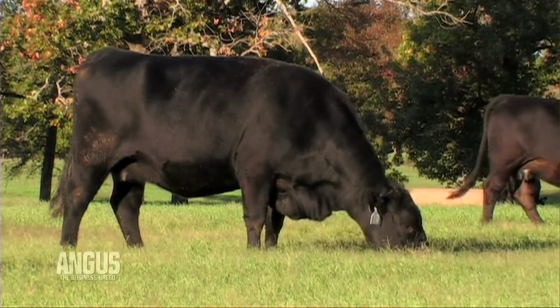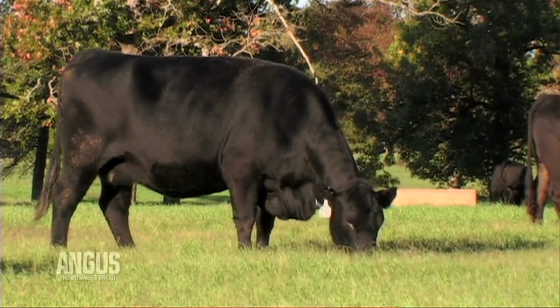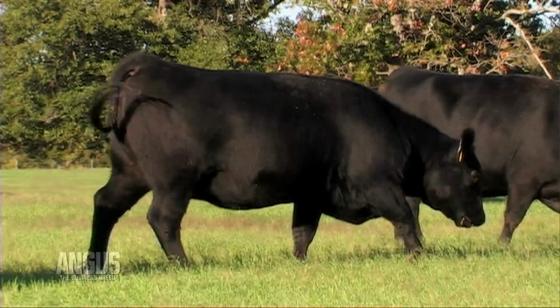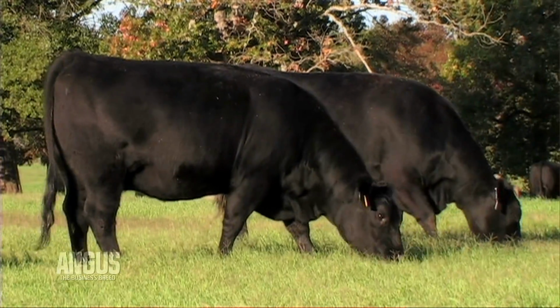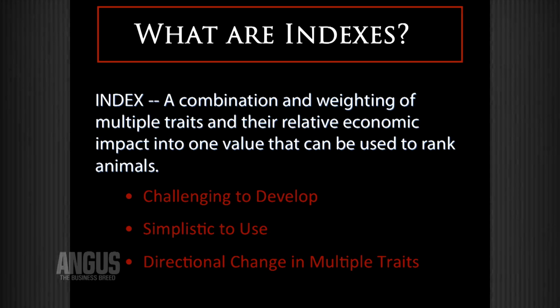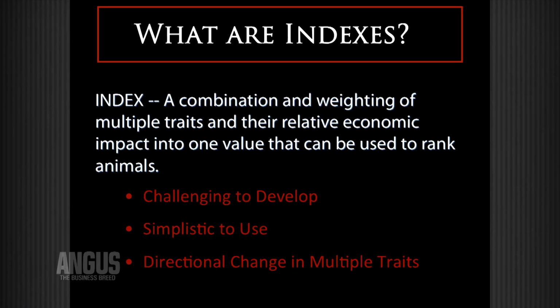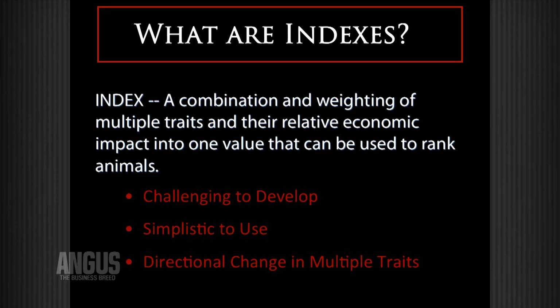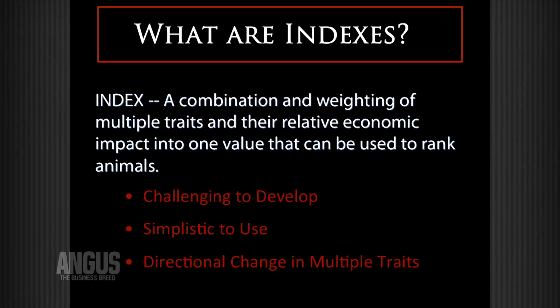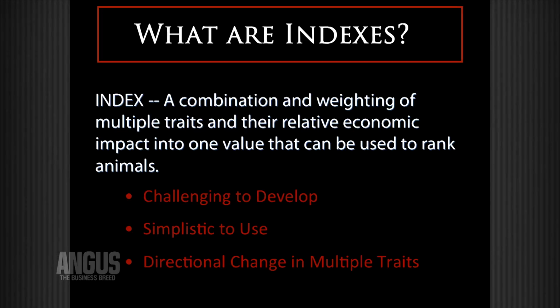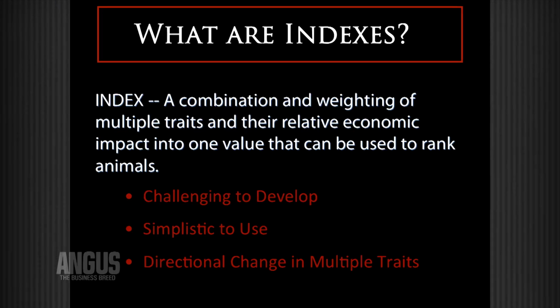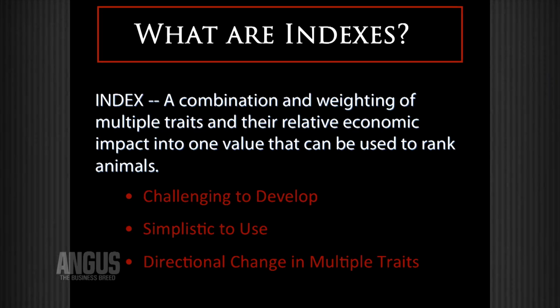Where indexes are very complicated to develop, they're quite simple to use. When we talk about indexes, they have various components in them. And the dollar values that are released each week by the American Angus Association have some specific components that make them complicated, but when you boil down how producers can use them, they're quite effective.